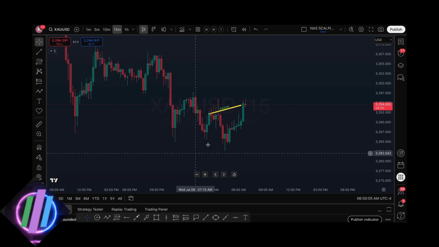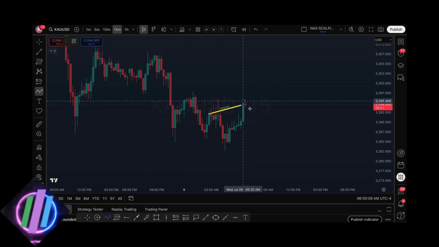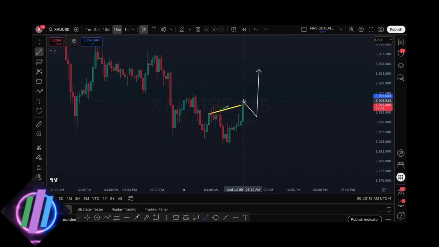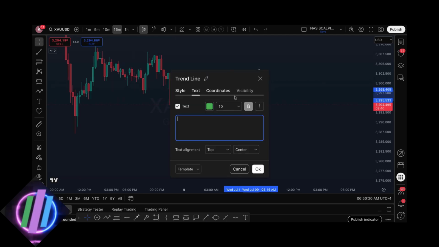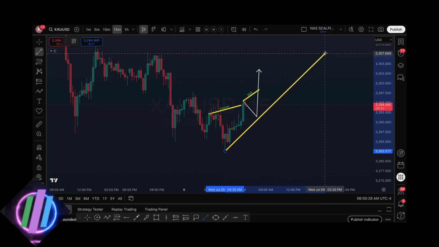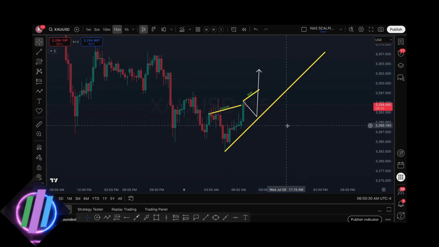What confirms a bullish bias would be a nice pullback and then another high form that will break structure. It will be a break of structure. Then that confirms your micro trend is bullish. Okay.